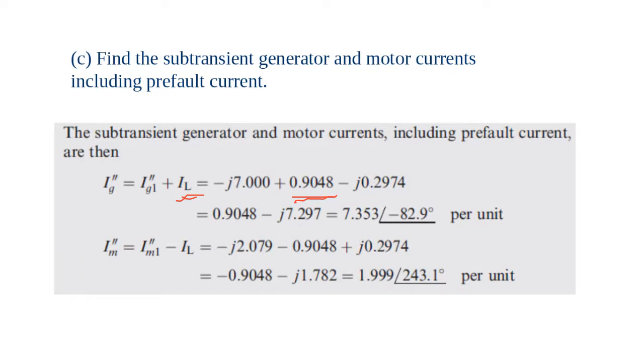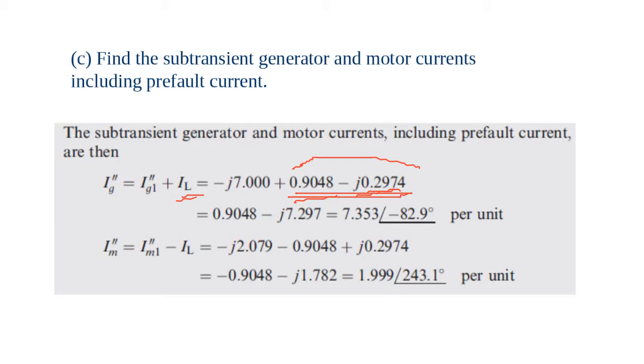This is the pre-fault current, with the real part 0.9048 plus j 0.29, real part plus imaginary part. This is the load current before the fault happens.